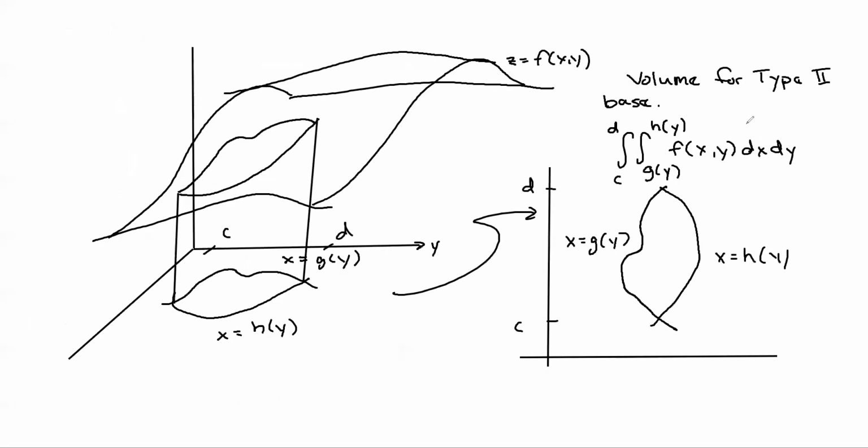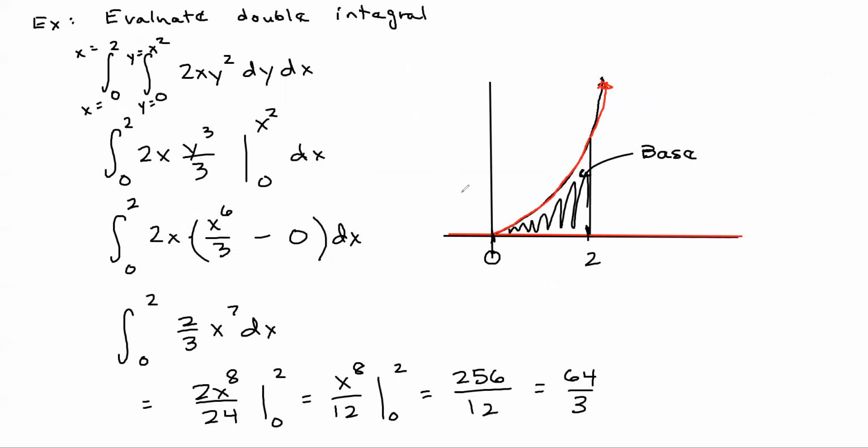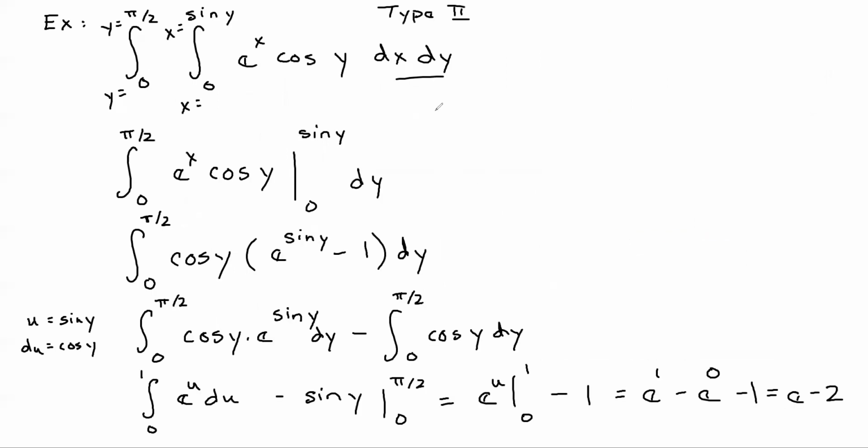Type 2, dx dy. So that's how I recognized with this problem that this went bottom to top, then left to right. So for this problem, it's type 2. So this is going to go left to right and then bottom to top.